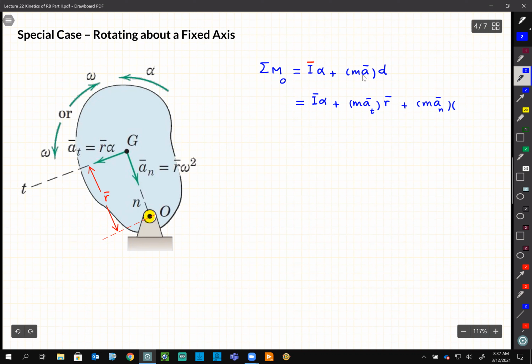So this is our general formula from our friend Euler, right? But for A bar here now, we have two components, AT and AN. We need to write it down once for AT and once for AN. So the distance for AT is obvious. It is R bar. What about AN?